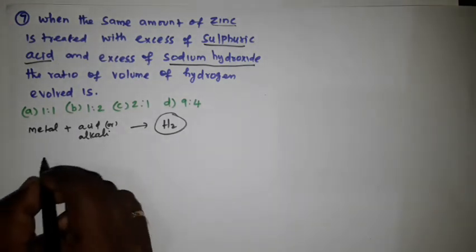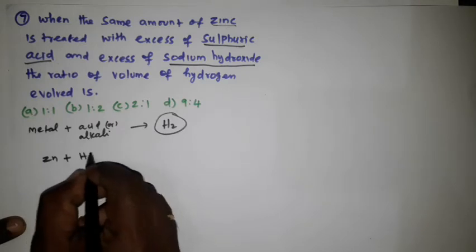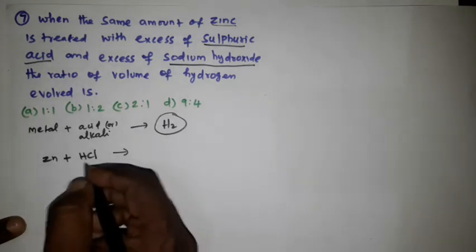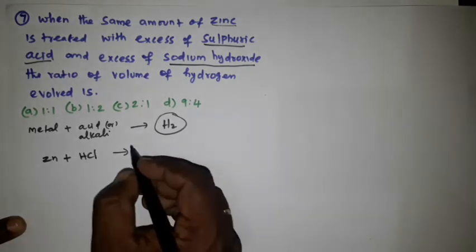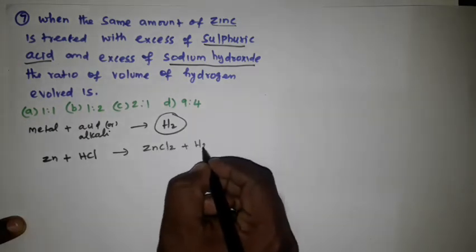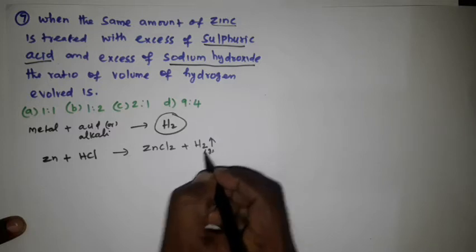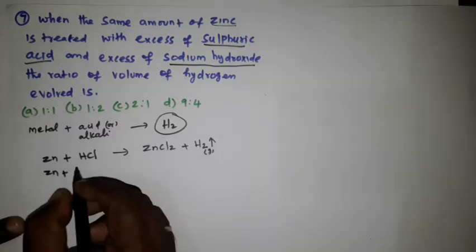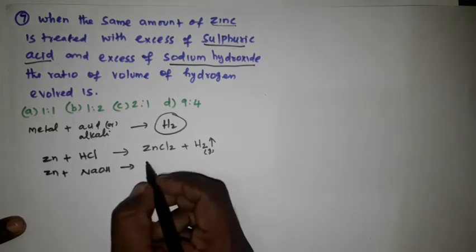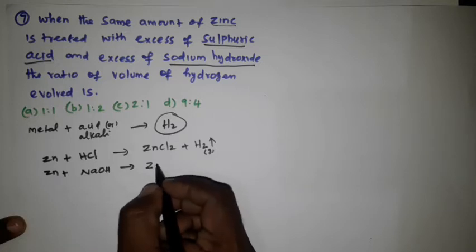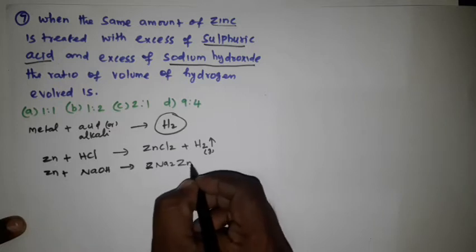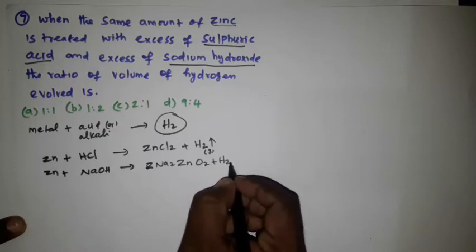First zinc plus HCl, hydrochloric acid, or H2SO4, you can take any acid. You will get zinc chloride ZnCl2 plus H2. This is the gas. Zinc plus an alkali, you can take NaOH, sodium hydroxide, you will get Na2ZnO2 plus H2.